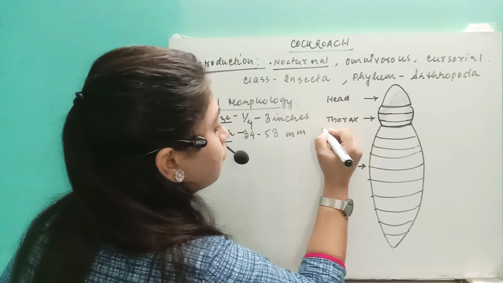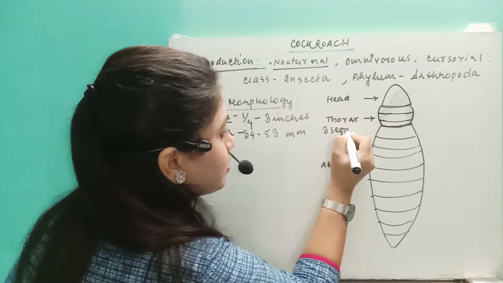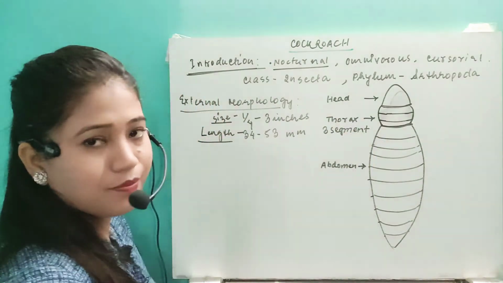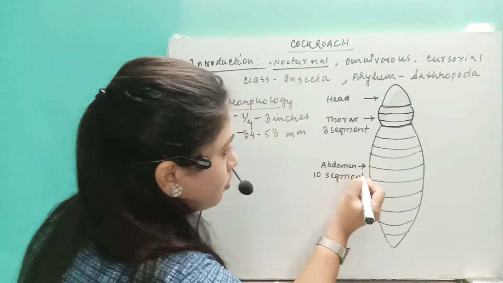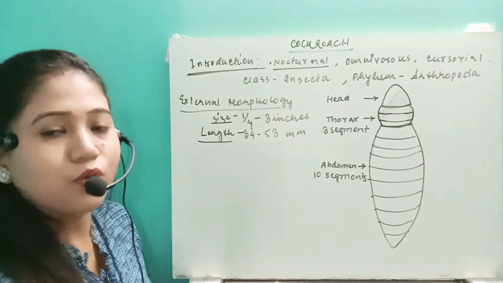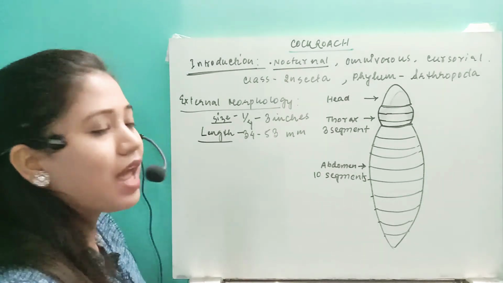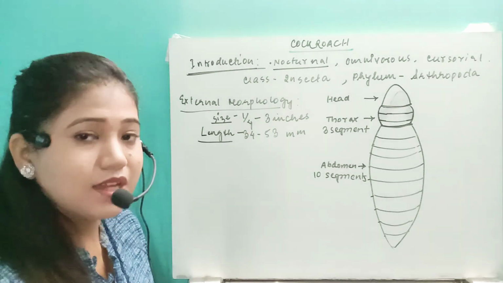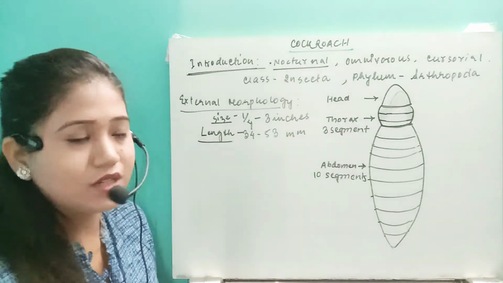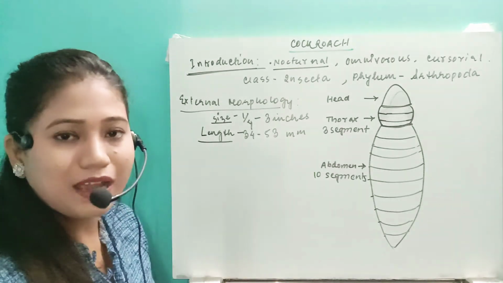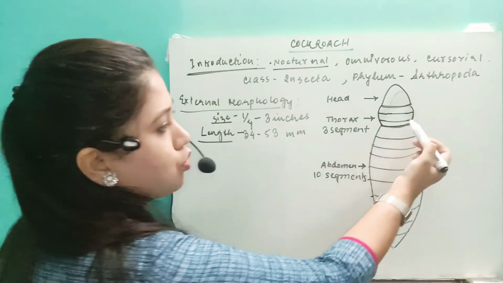This organism will have 3 segments in the thorax and 10 segments in the abdomen, right? So 3 thoracic and 10 abdominal segments are present in case of cockroach, and in the head there are no segments, right?